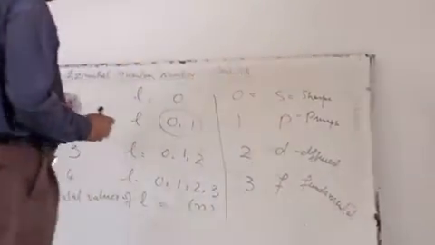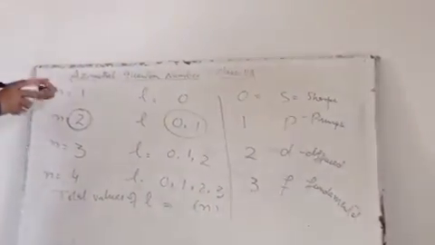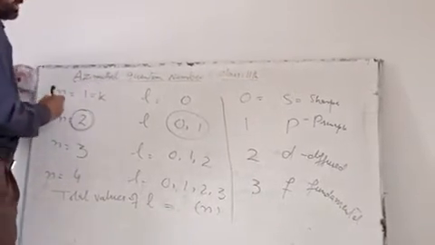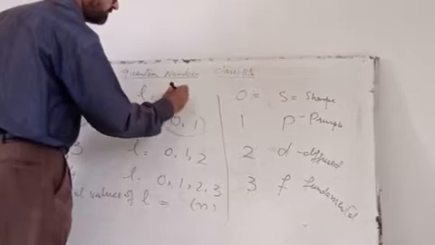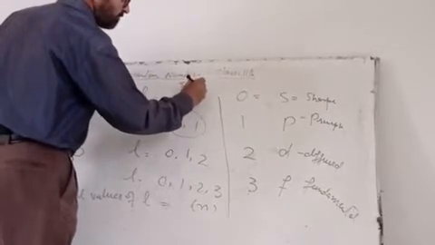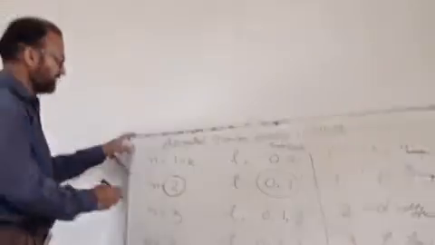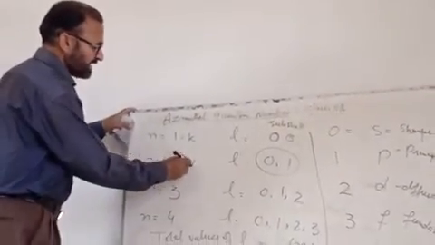So, when n has one value, that is the K shell, there is only one subshell, that is s. With n equal to 2, this is the L shell.